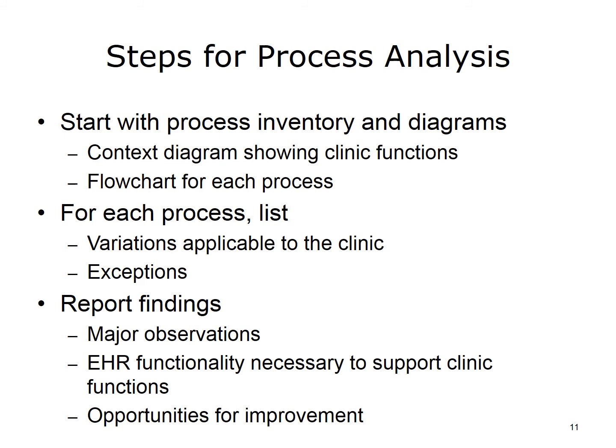The last step in process analysis is to report findings. The findings from a process analysis would include major observations, a list of EHR functionality necessary to support clinic functions, and opportunities for improvement, technology-assisted and otherwise.